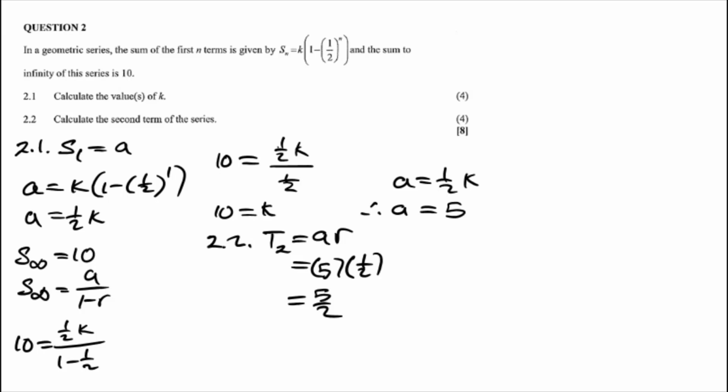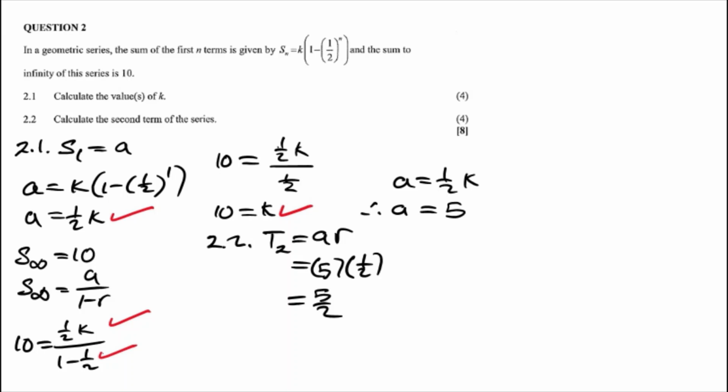Now if you look at your mark allocations here, you get a mark for finding a, which is 1/2, and then you get a mark for substituting r as 1/2 into this sequence here. You get a mark for substituting into the correct formula for sum to infinity, and then you get a mark for finding the value of k, which is 10, and that is in total your 4 marks.